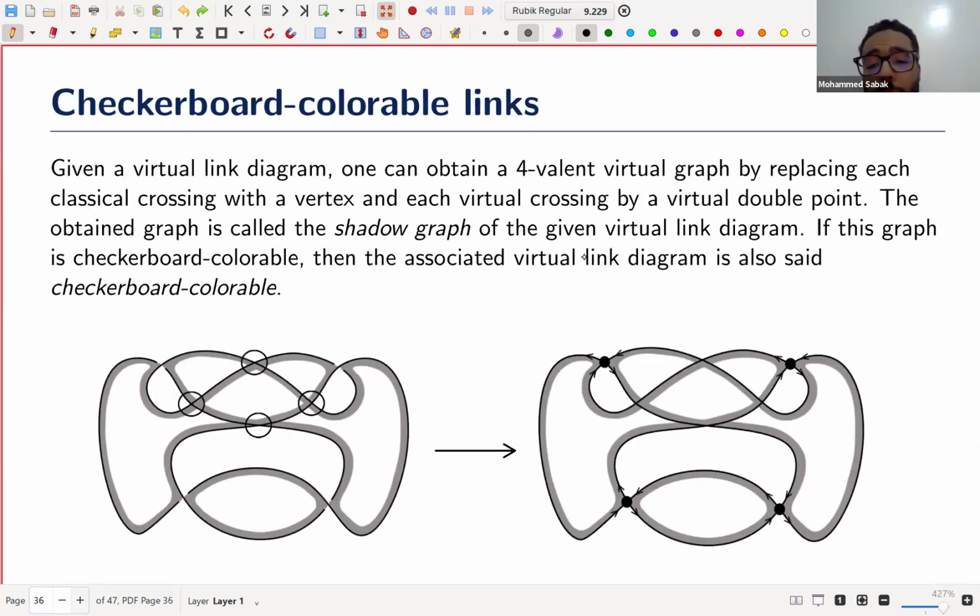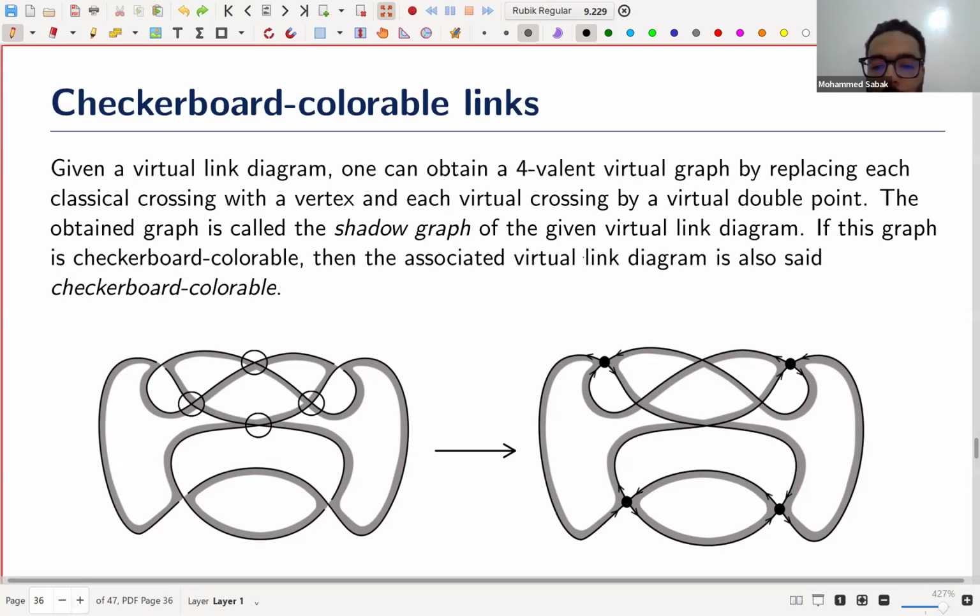So now we'll look at checkerboard colorable links, which are also called alternable links in some papers. If we have a virtual link diagram, then we can get a 4-valent virtual graph from this diagram by replacing each classical crossing with a vertex and each virtual crossing by a virtual double point.